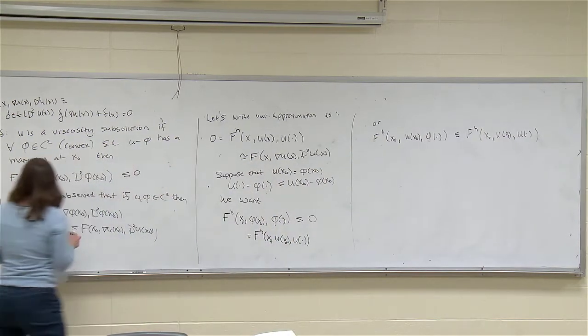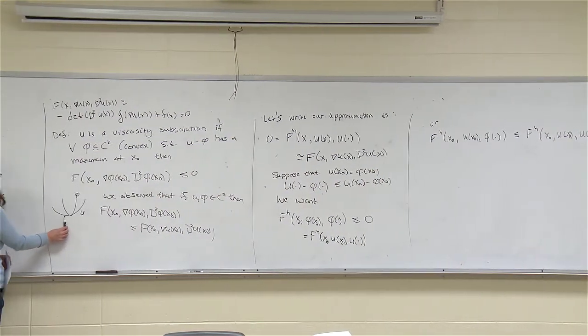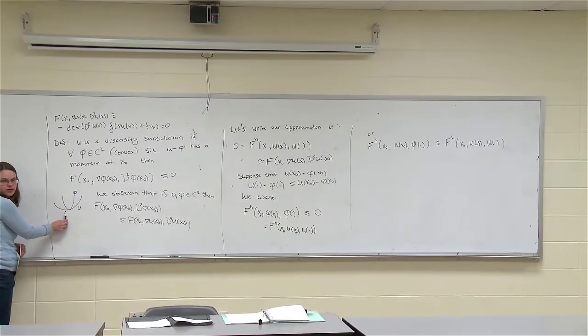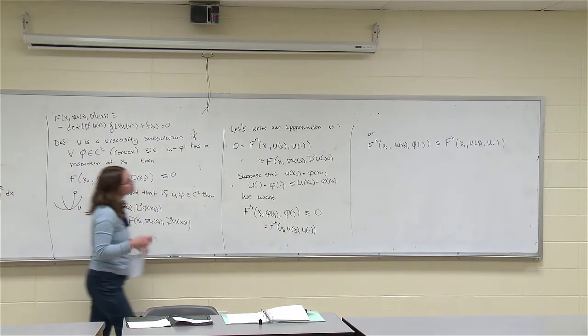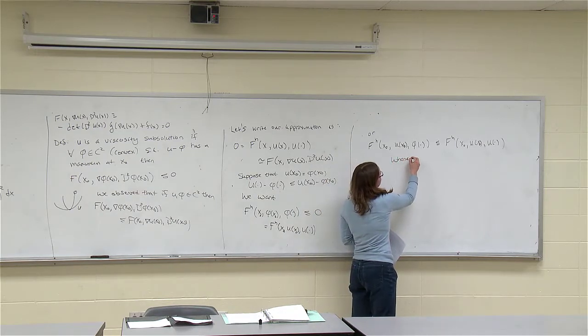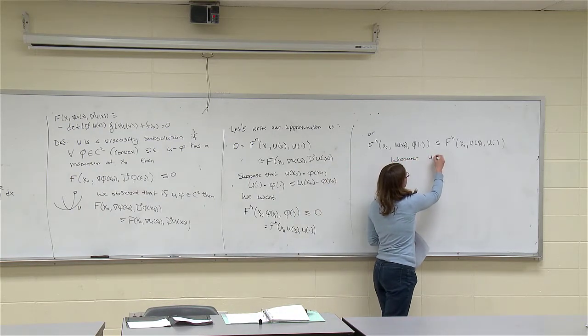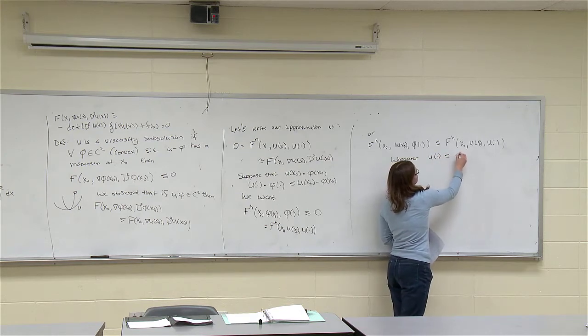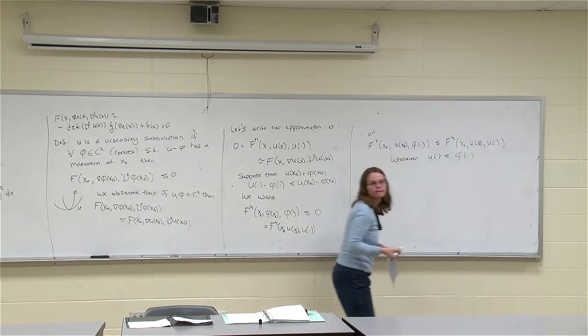And this should be true whenever we're in the situation where u is always less than phi. So whatever my function values at u are always less than my function values at phi.